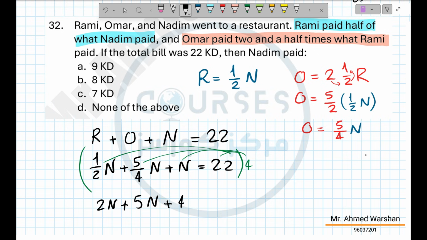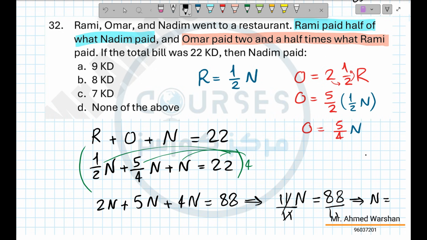Multiply the n, so plus 4n equals 88. 2 plus 5 is 7. 7 plus 4 is 11. So 11n equals 88, divided by 11, divided by 11. So n equals 8. So it means Nadim paid 8 KD.